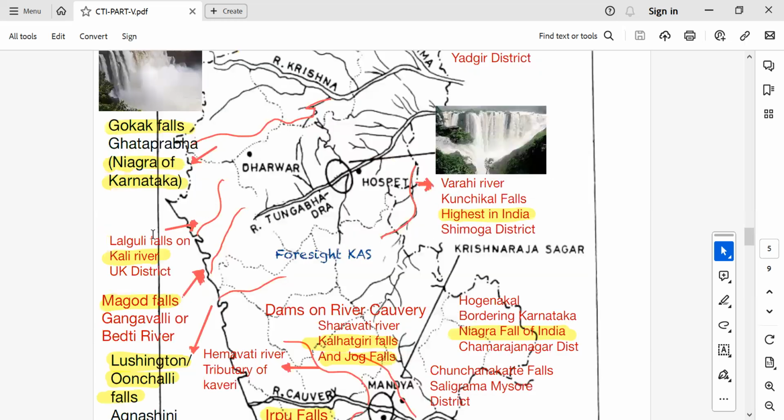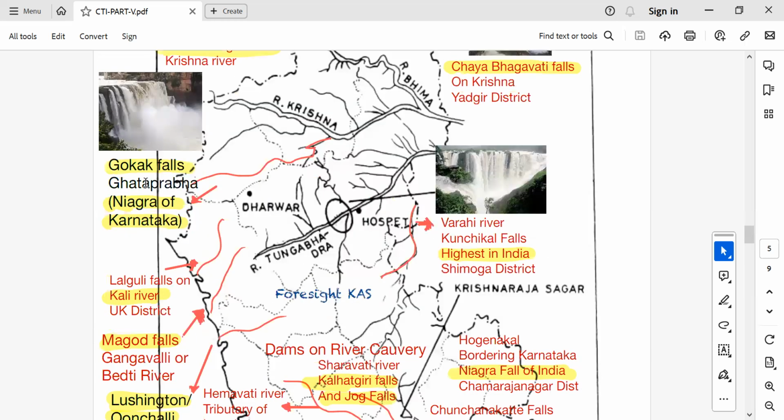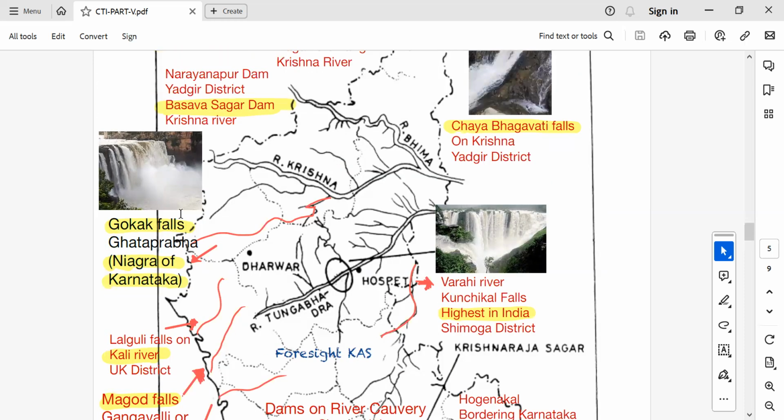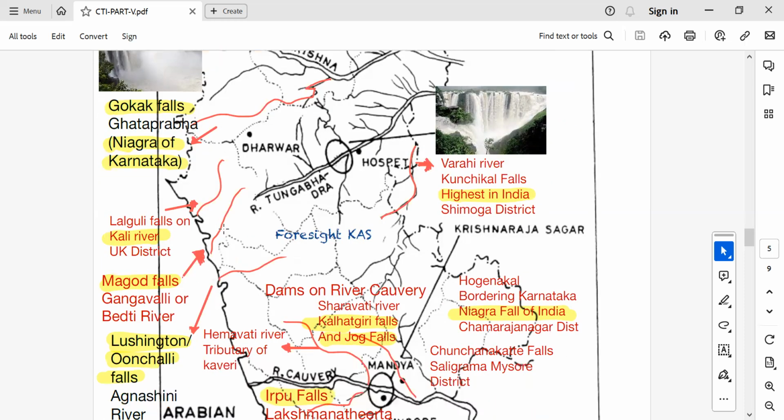One more important aspect is Gokak Falls, which is located across the Ghataprabha River, and it is called the Niagara of Karnataka. You can see the dam as well here. And one more important river.